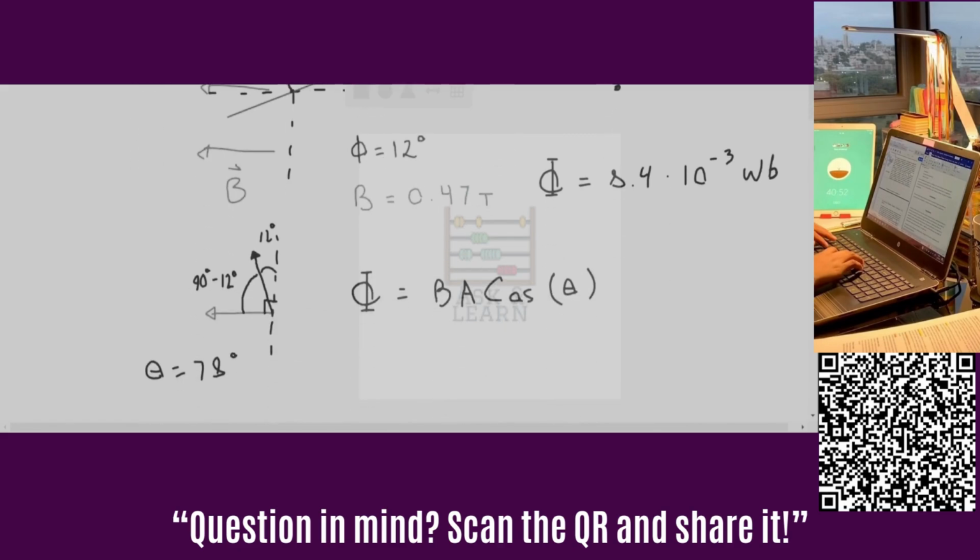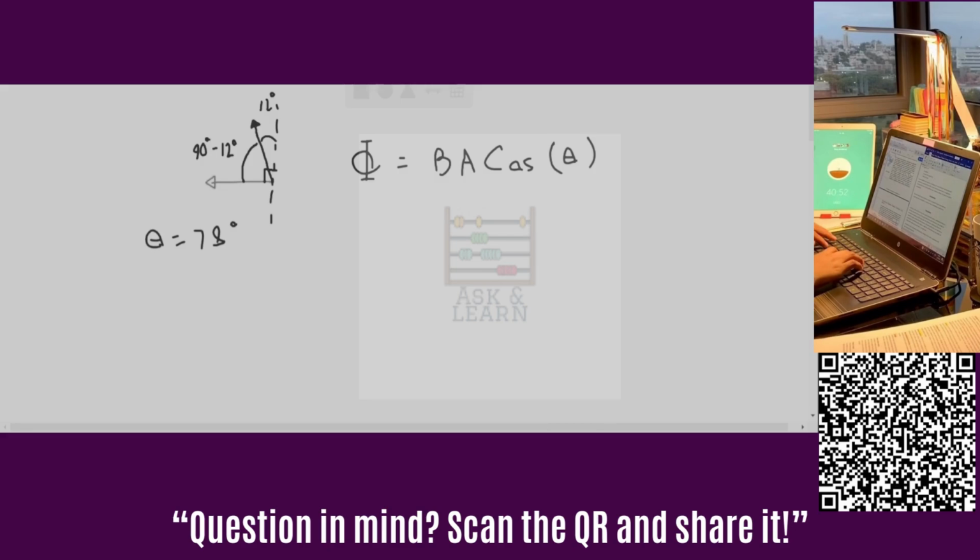Since we have everything but A, we can solve for A. If we divide both sides by B cosine theta, it cancels on the right side, and we have A equal to capital phi over B cosine of theta, where theta is 78 degrees. Plugging in all of our known values, the area of the first loop is 0.086 meters squared.